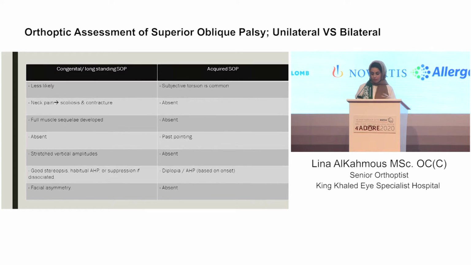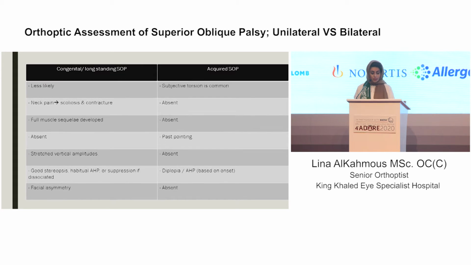You would find the full muscle sequela: underaction of the agonist, overaction of the ipsilateral antagonist, overaction of the contralateral synergist, and underaction of the contralateral antagonist. Usually with the congenital cases you'll find the full muscle sequela, sometimes with the first two steps only. Neck pain due to the long-standing condition as well. This might not be found in acquired.